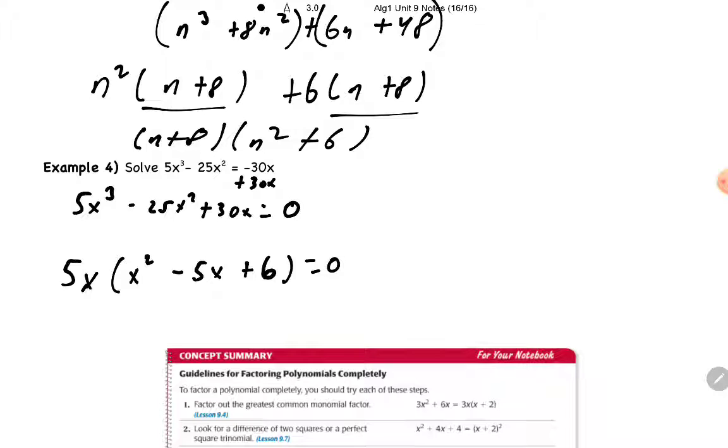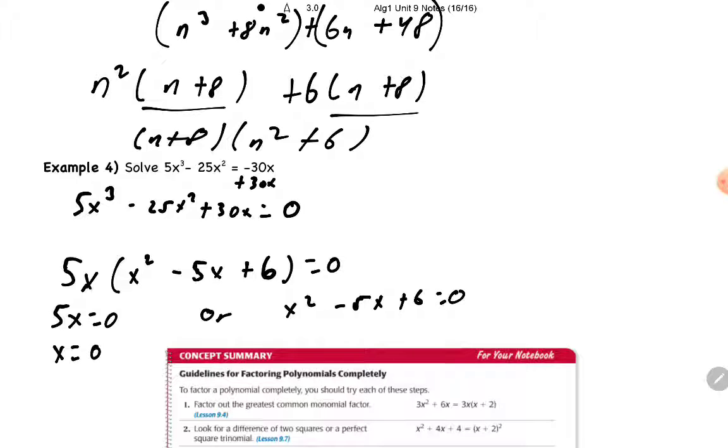No. Because we know that either this equals 0 or this equals 0. So I have two equations here. I have 5x equals 0 or x squared minus 5x plus 6 equals 0.